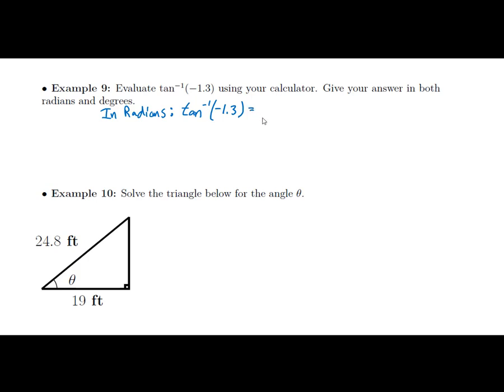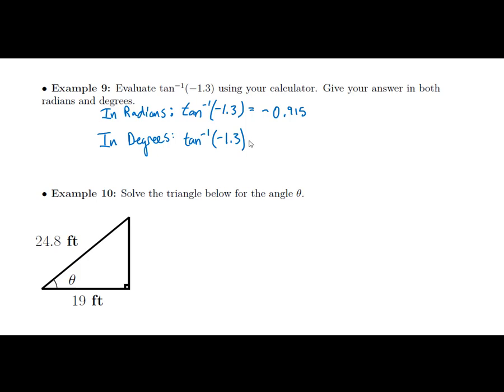So the tan inverse of negative 1.3, by the way, this is just the second function of the tan button on your calculator, is going to spit out negative 0.915. But that's in radians. And then if you go into mode and you switch your mode to degrees, then typing the same thing in gives you something completely different, because the tan inverse always spits out an angle.